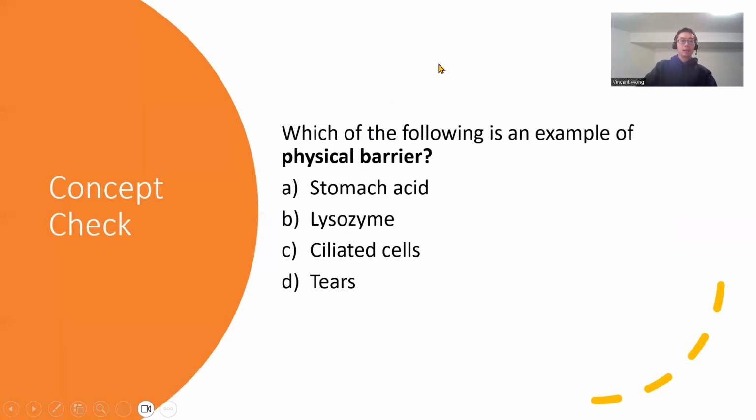All right. Which of the following is an example of physical barrier?